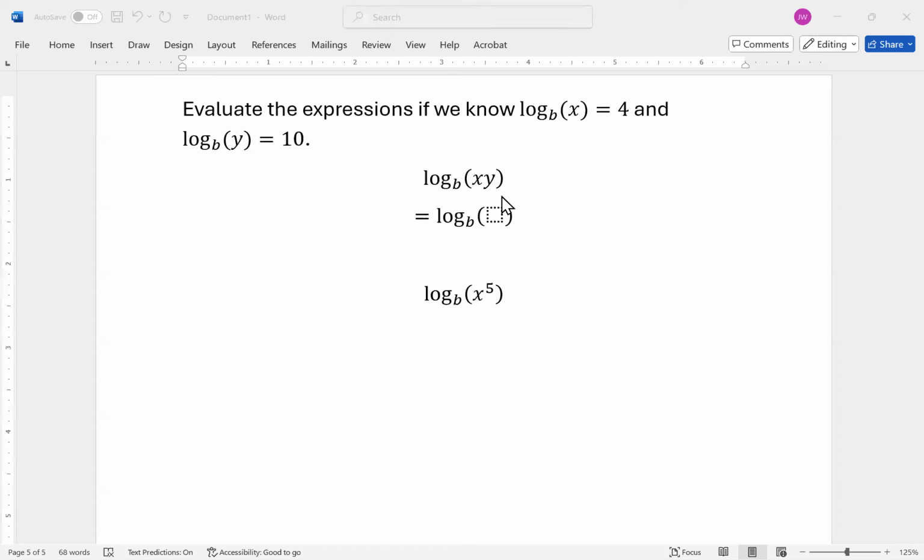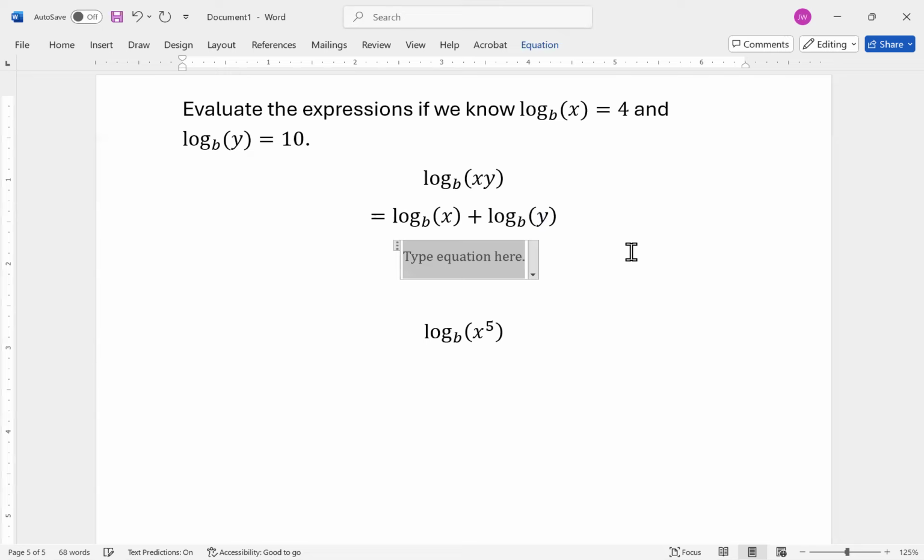These types of problems, like I said, are kind of the reverse of what we just did, because we start with a single logarithm and now we want to break it up into its parts so that I can replace a log base b of x with a 4 and a log base b of y with a 10. In this first example, we want to break this up into log base b of x plus log base b of y, because that's the product rule.